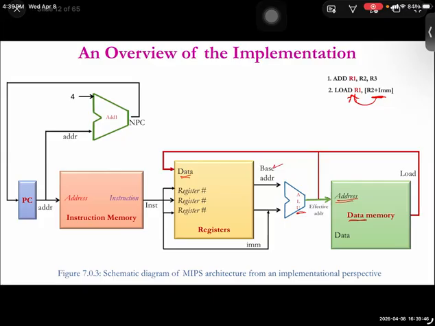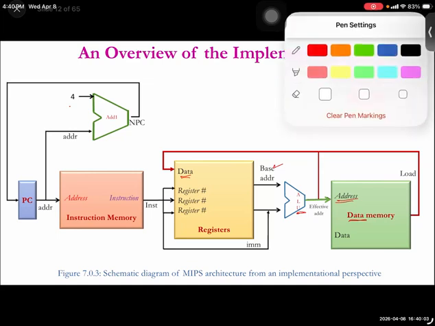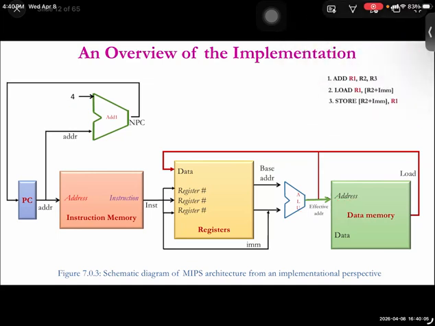Then the next instruction is to be executed. The program counter, which holds the address 2 now, will be added with another byte. That generates the address of the next instruction. Let us assume the next instruction is the store instruction, and the address of this instruction is 3, which is given by the program counter.